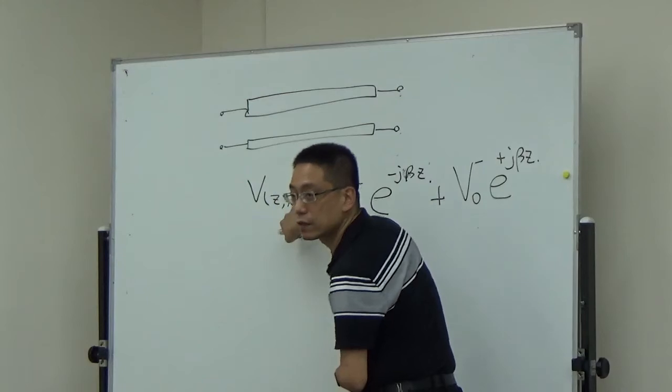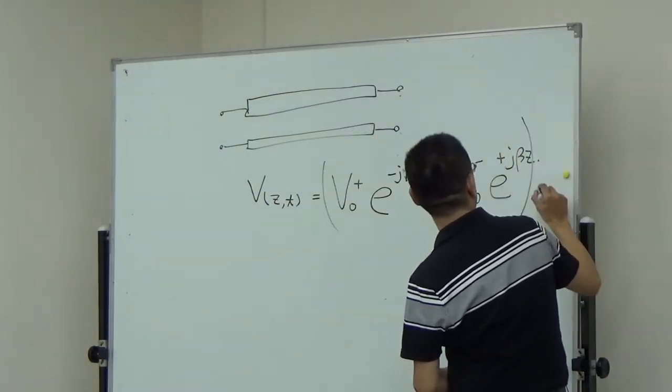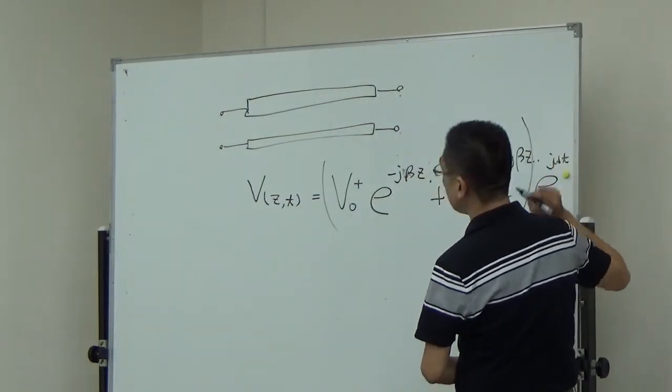If this is a function of t, you will multiply by the exponential j omega t.